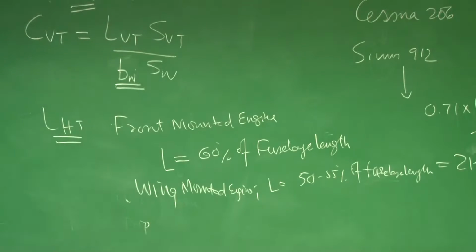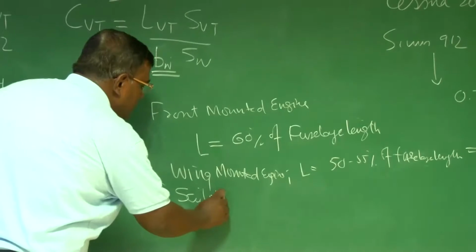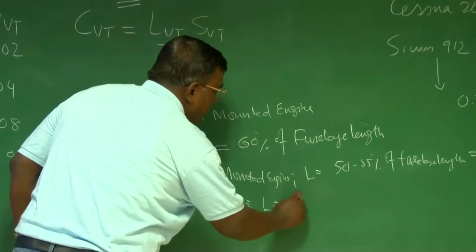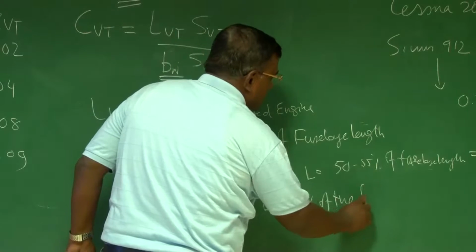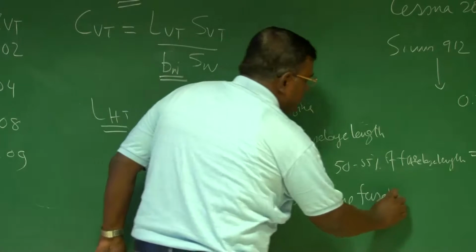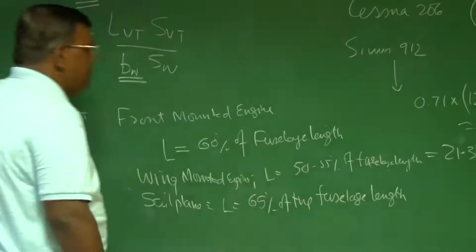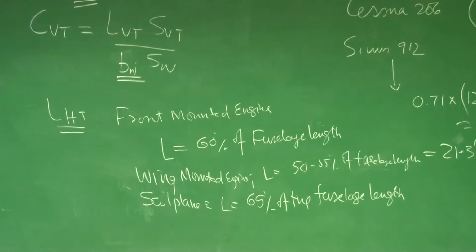And for a sailplane, we take L as 65% of the fuselage length. So this is typically the number.